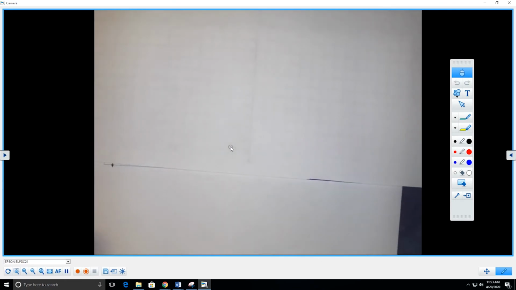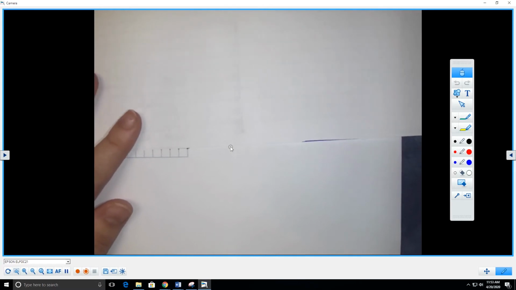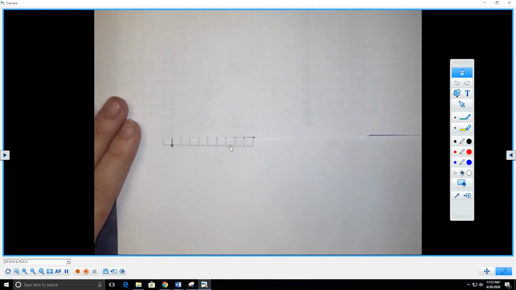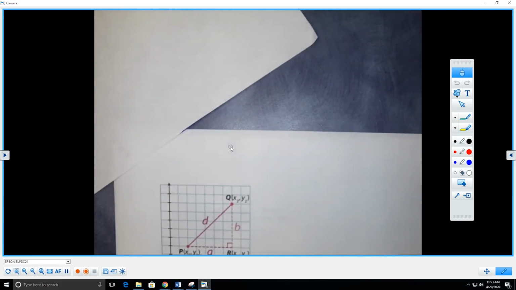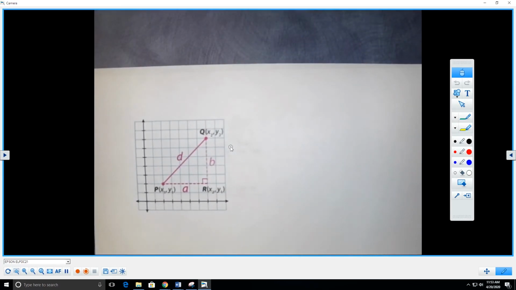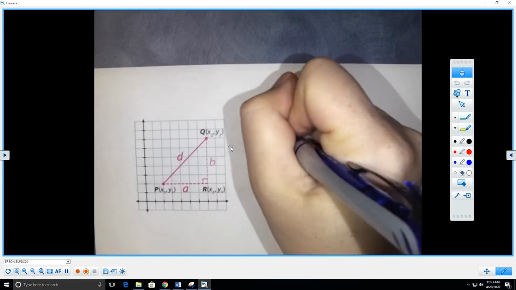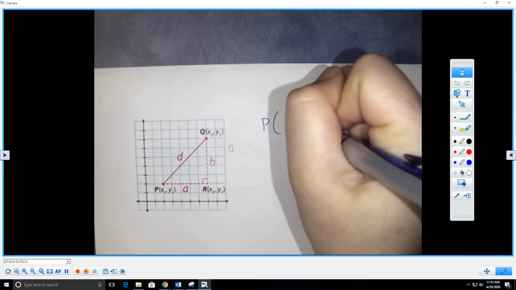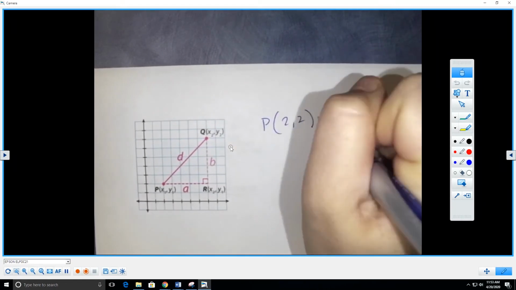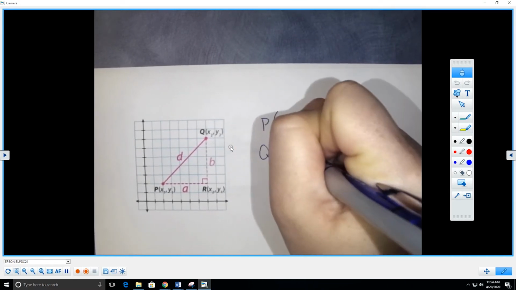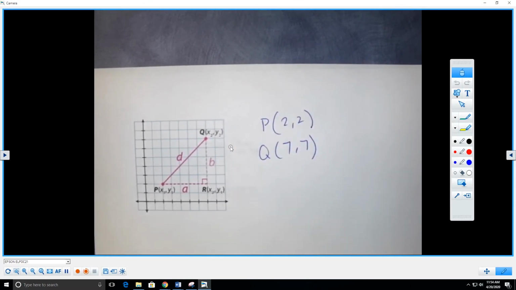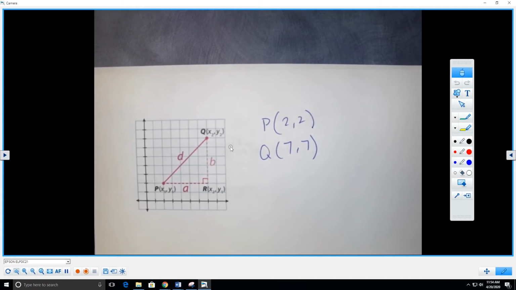So the coordinates of P are going to be 2, 2. And the coordinates of Q are going to be 7, 7. Now let P be the first set of ordered pairs and let Q be the second set of ordered pairs. We will substitute into the distance between 2 points formula. Write this along with me.